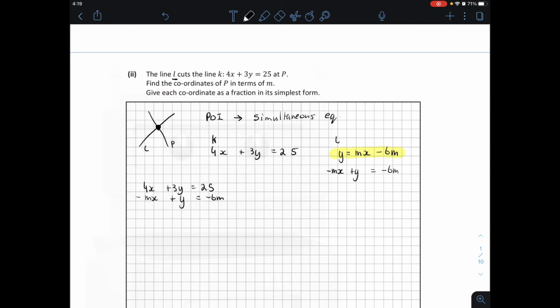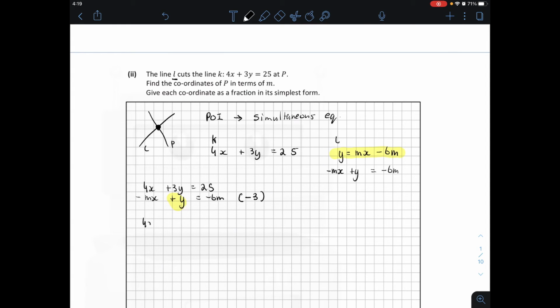All right, so we now have our two equations, 4x plus 3y equals 25, and minus mx plus y equals minus 6m. When we're solving simultaneous equations, we need the coefficient in front of the x or the y to be the same, and then the signs to be different so we can cancel out these terms. So here I'm going to multiply my second equation by minus 3 in order to have the coefficient in front of the y as minus 3y.